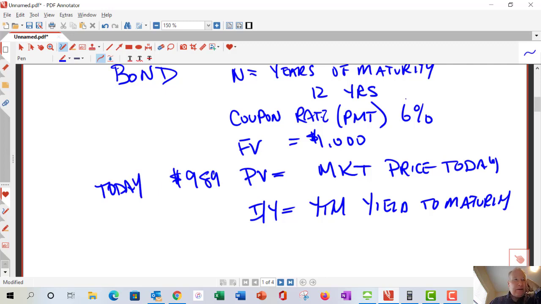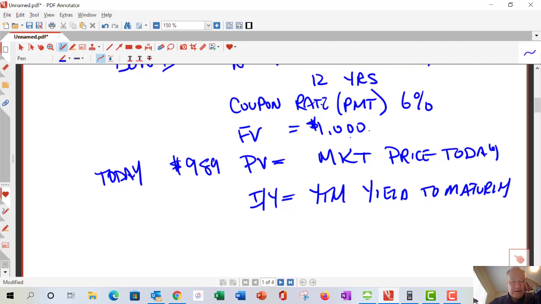So we know the term to maturity, and we know the coupon rate is 6%, and we know the face value is 1,000. That's always assumed, and it generally might tell you that, but if it doesn't, it's always going to be 1,000. Price today, $989. And so we want to find out what the yield to maturity is on this particular bond.